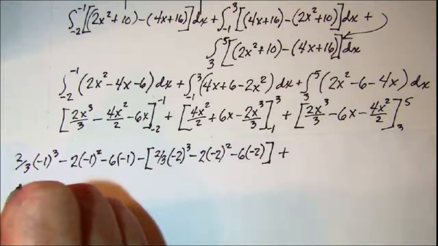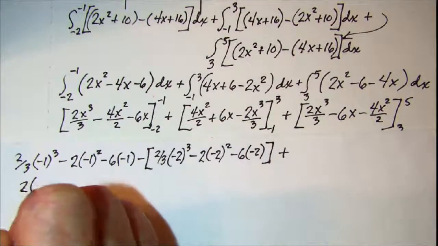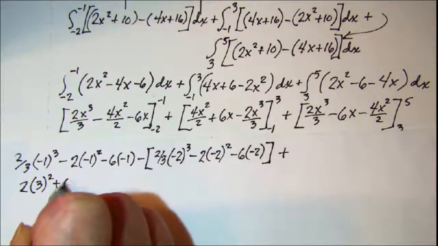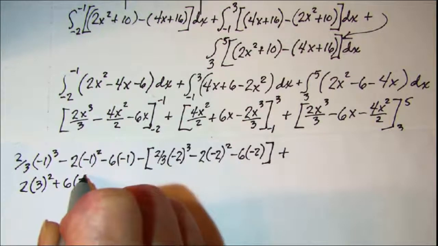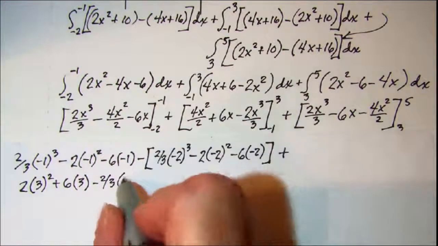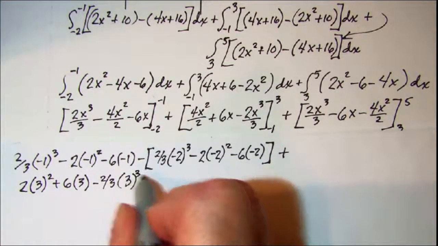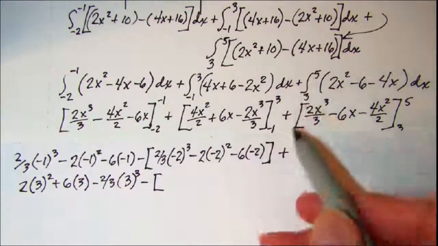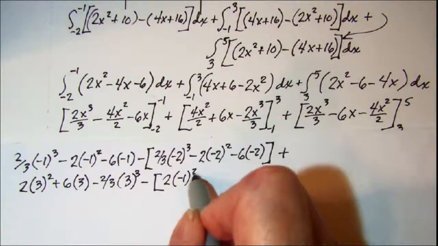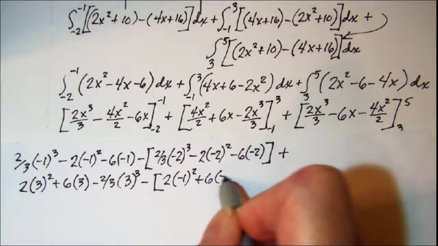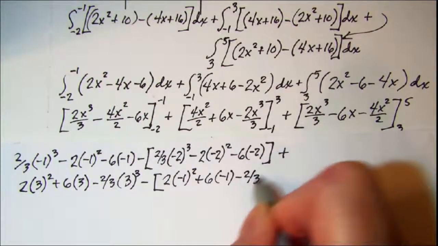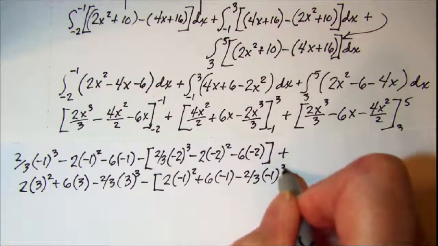So we have 2 times 3 squared plus 6 times 3 minus 2/3 times 3 cubed, subtract 2 times negative 1 squared plus 6 times negative 1 minus 2/3 times negative 1 cubed.